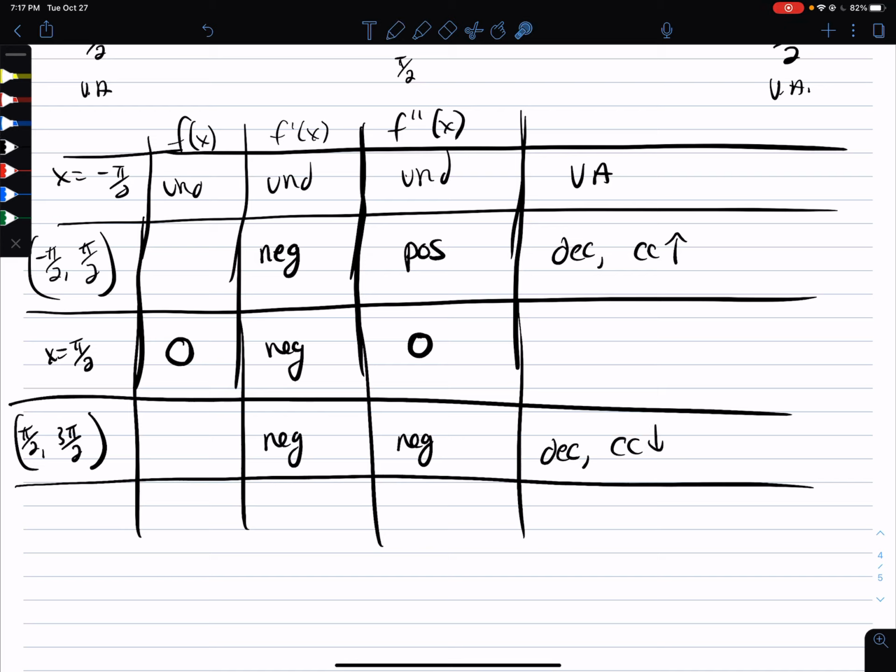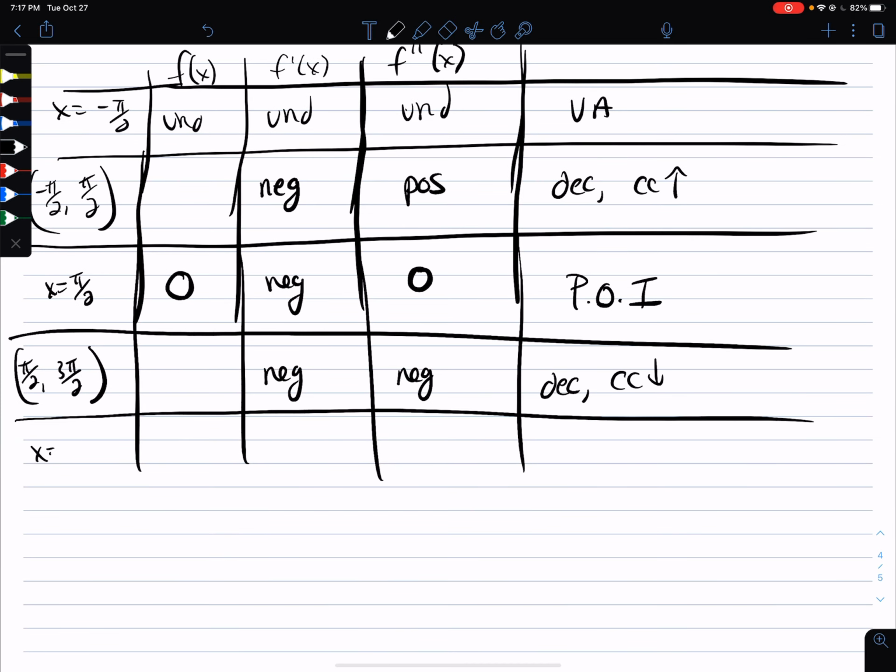Now I can go back and see that in my second derivative, I found the point where it was equal to 0, and on one side of it was positive, and on the other side it was negative. So we can conclude that this was a point of inflection. And then the last part of our number line, this is when it was undefined again. And that starts to make sense as to why they gave us that interval to graph this on, vertical asymptote to vertical asymptote.